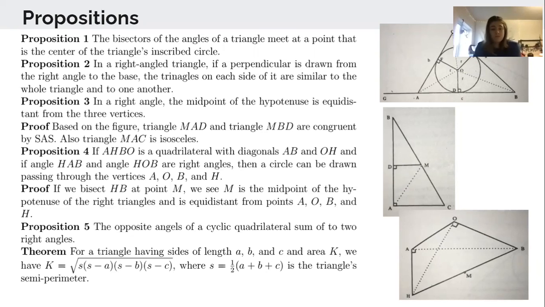So again, we can say that the midpoint M is actually equidistant from those points. So M is equidistant from A, from O, from H, and B. That is kind of important for the proof, and you'll see it actually come in the exact same shape. So that is super important.